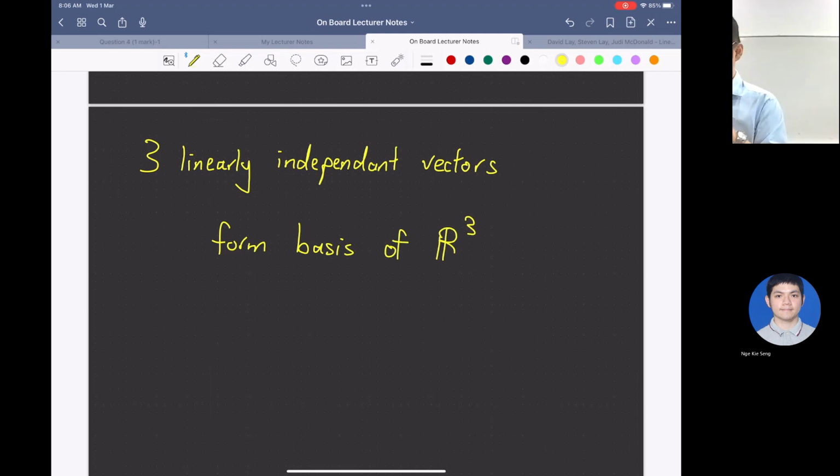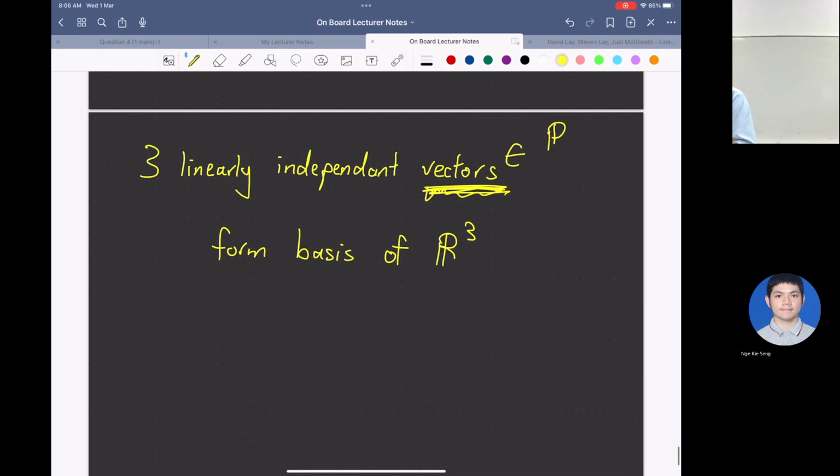Like this. So where does the vector live? Anywhere? Any vector space? Live in Pn, Rn, or somewhere? Or any vector? Arbitrary.